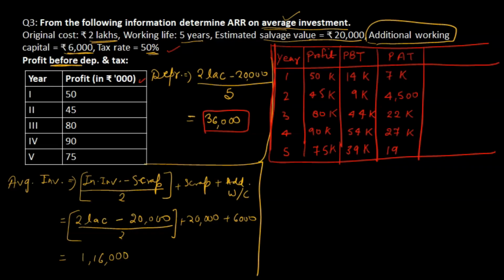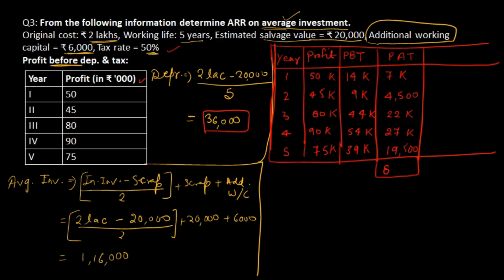And this last one is 19,500. So we got this, that is fine. Now we will take the total profit after depreciation and tax.